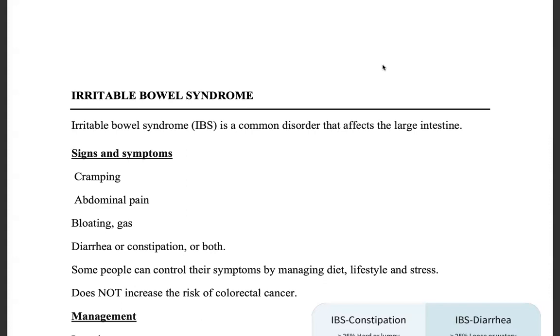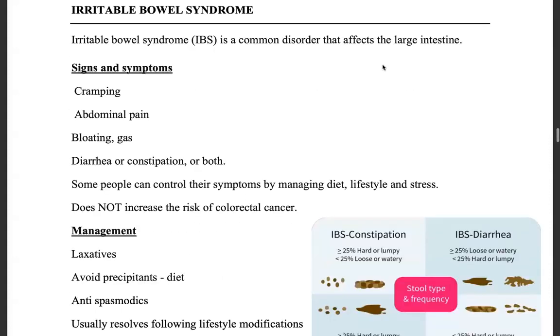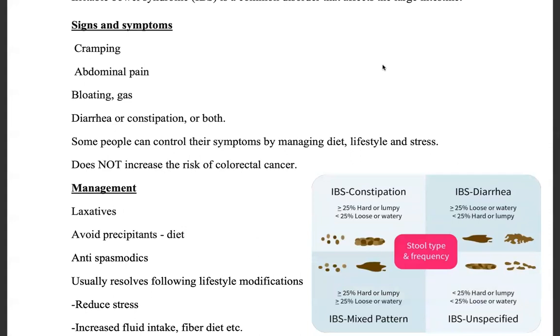There should be a changing stool consistency as well. The frequency and the type of stool will vary.